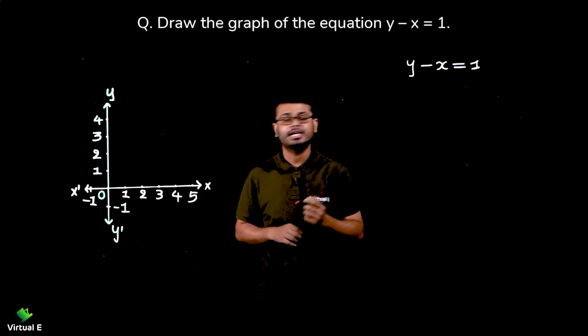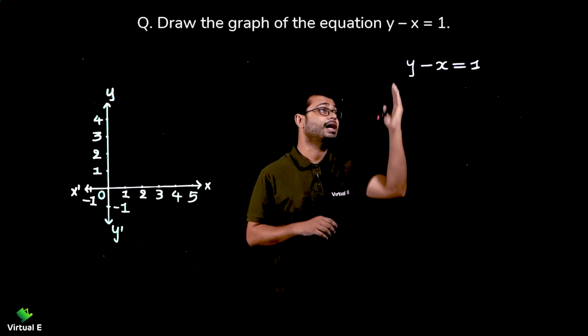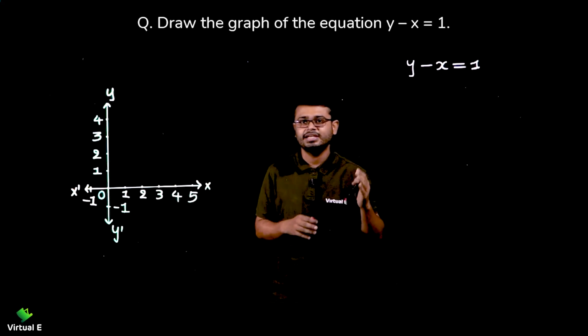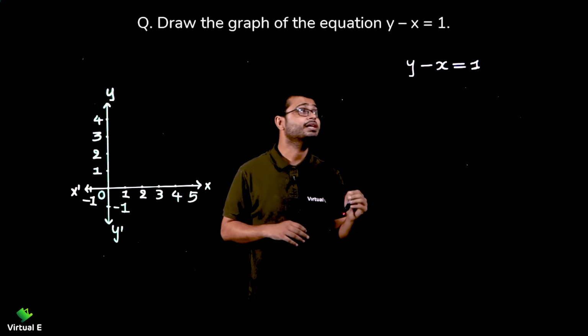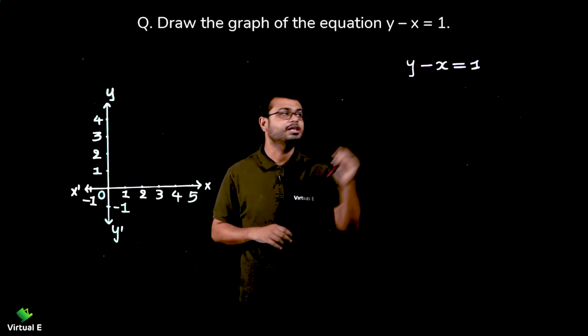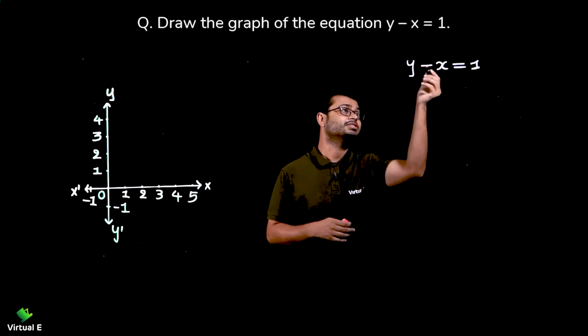In this case, as I told you, make either y or x the subject. Personally I prefer to make the subject the variable that has coefficient 1. Now both of them have 1, so better you shift x across because it is negative.